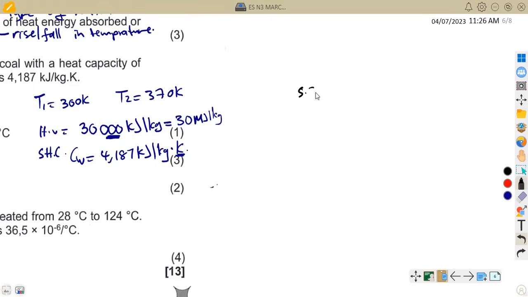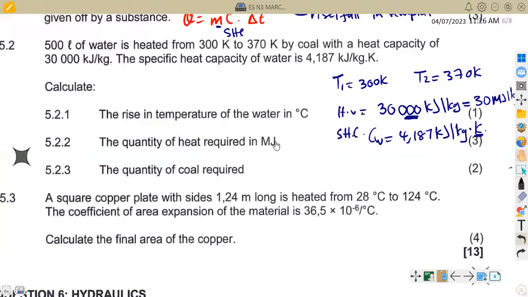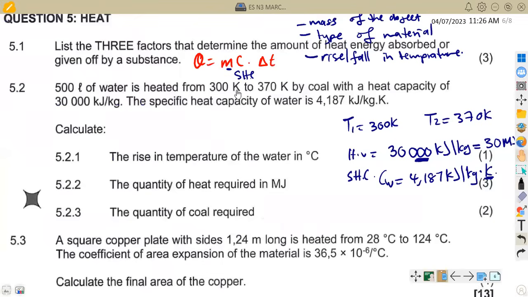So your change in temperature is just T2 minus T1, that is 370 minus 300. So this is going to give us 70 degrees Celsius, because the answer is given in degrees Celsius. Like I said, you can first convert this to degrees Celsius, and you're still going to obtain the same answer. It's a waste of time, that one.